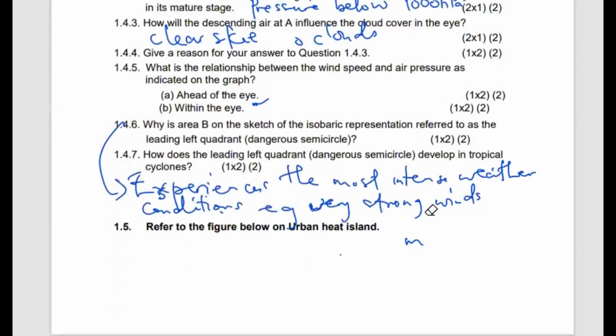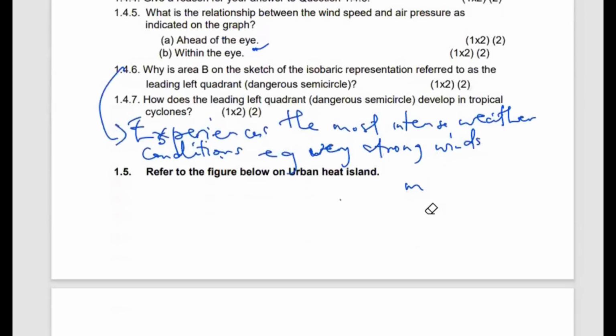Right, I'll move on to the next question. How does the leading left quadrant, the dangerous semicircle, develop in tropical cyclones? I think I have ultimately answered that question. It says, how does the left hand quadrant develop? Right, I've answered that question.